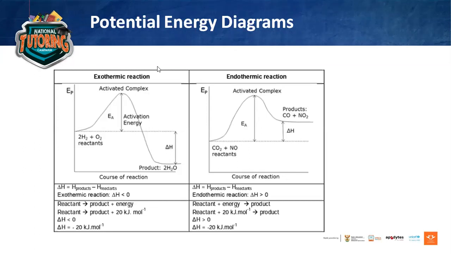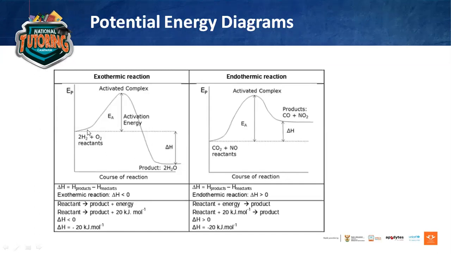So what we know about the exothermic is that, you guys remember I mentioned that on an exothermic, the potential energy is higher on your reactants than it is on your product. So if your product is lower than your reactants, automatically the change in H is going to be a minus.